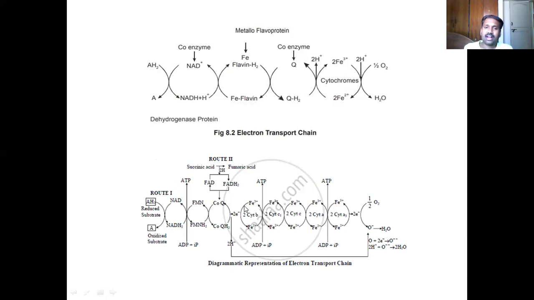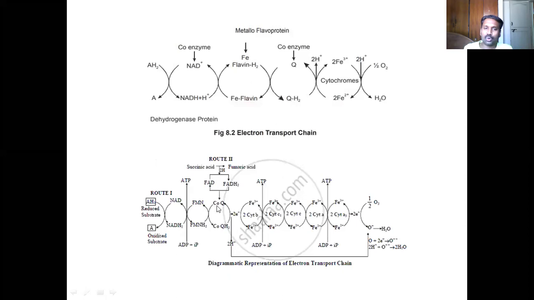So you should also learn to write this sequence of electrons. What is that sequence which you have to learn to write? Show the electron path perfectly. Starting from NADH, how the electrons travel to oxygen. They go to FMN.